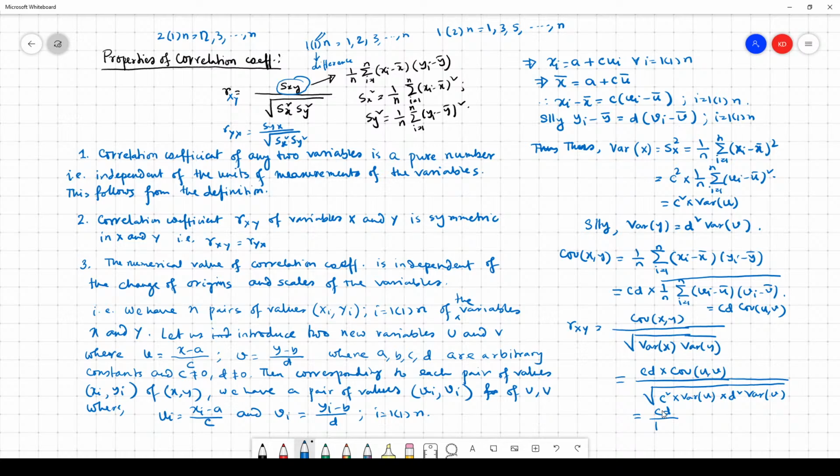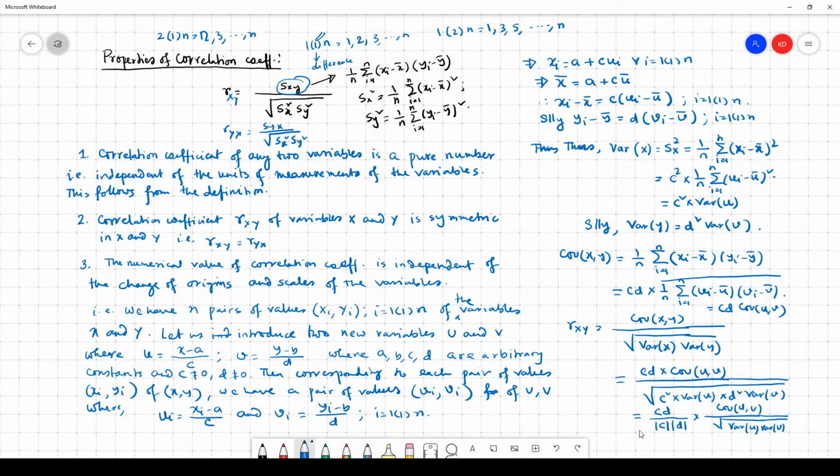Mod means absolute value, that is mod of 2 is 2, and mod of minus 2 is also 2. This takes only magnitude, not considering the sign. Okay, I think you knew this thing. By into covariance of u comma v by root over variance of u variance of v.